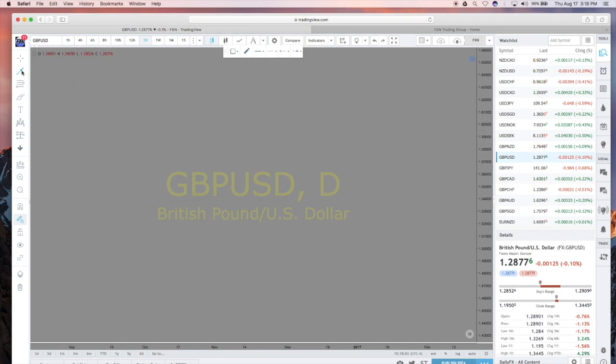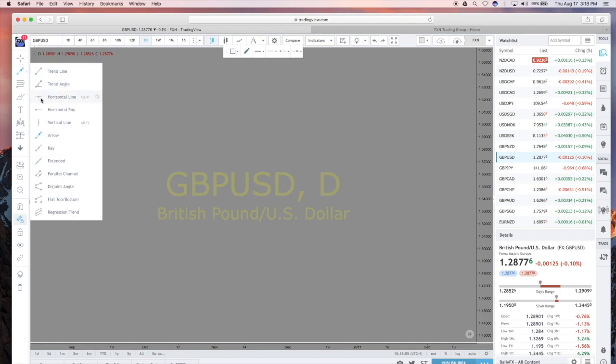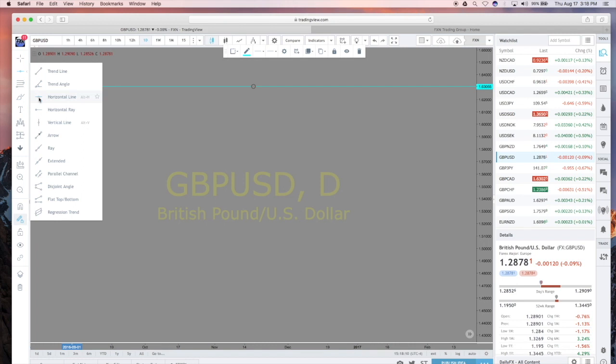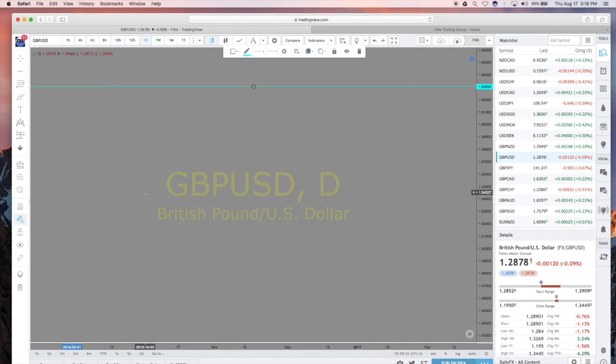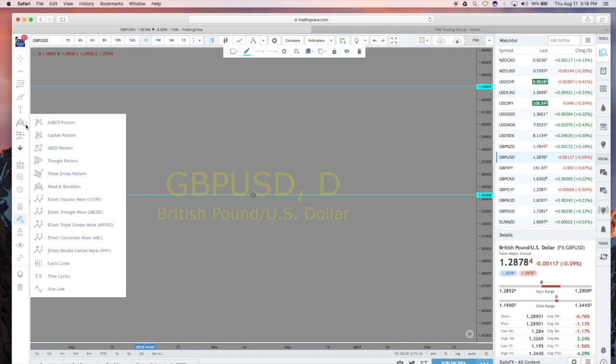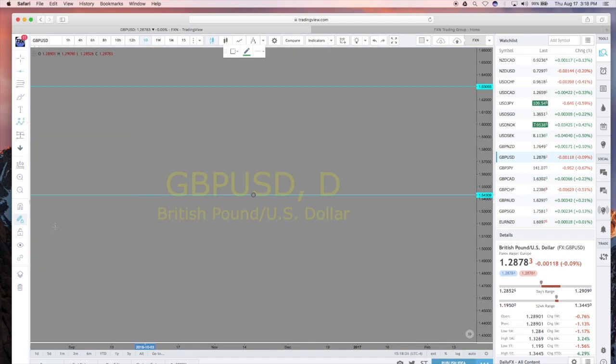So let's say we have a resistance here and support down here. Instead of moving in a straight line, price is going to move like this.